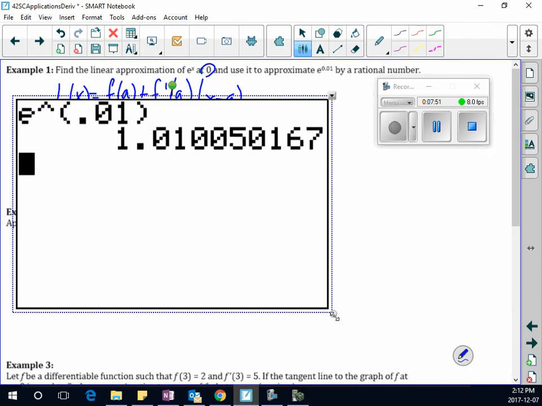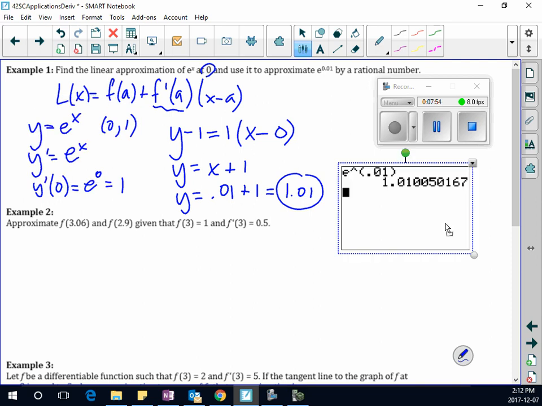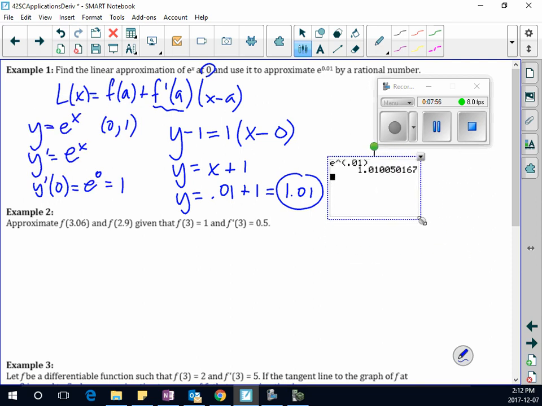Does everybody see? Look at my approximation. Pretty darn close, isn't it? Yeah? Okay. 1.01, that's pretty much that right there, right?